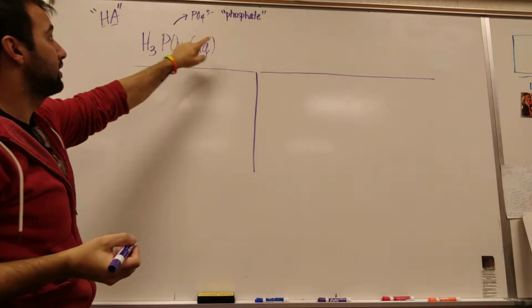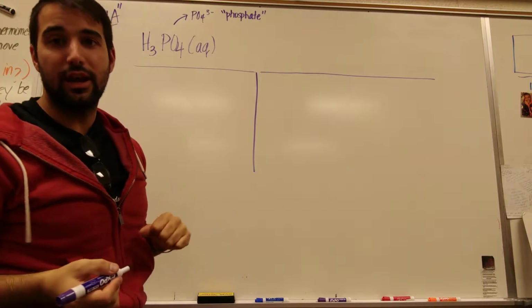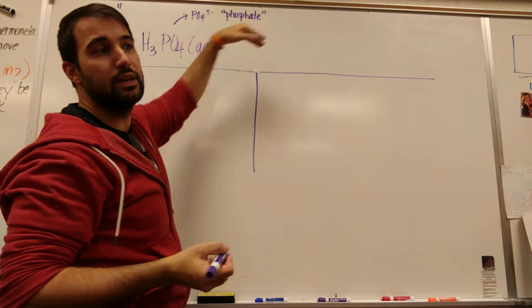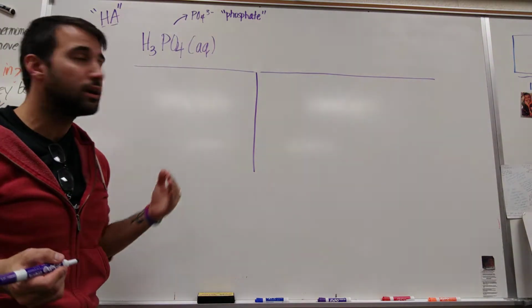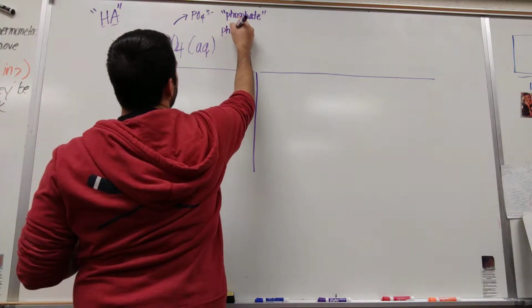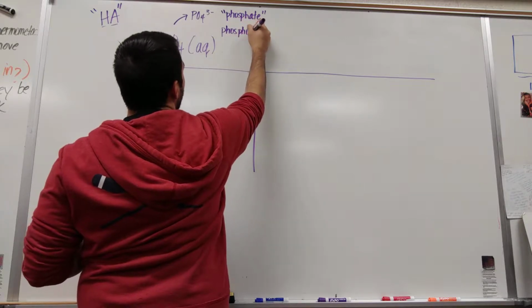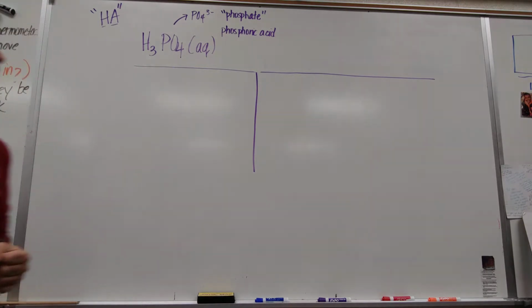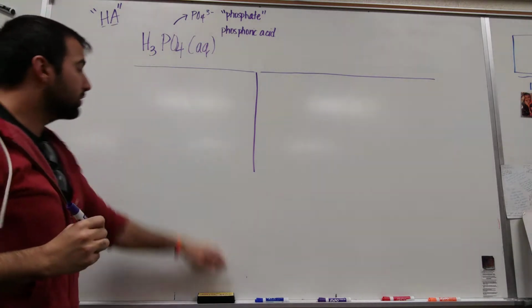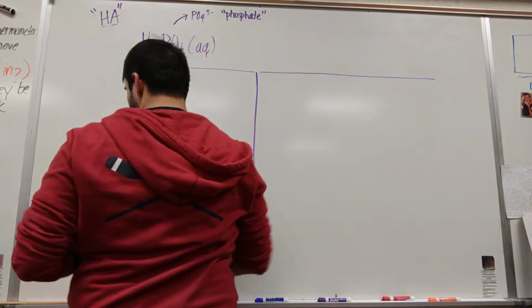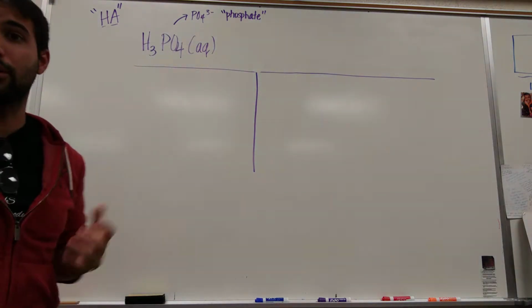This is an acid, so to name phosphate as an acid, I change the ATE ending to ORIC, and it'll be named acid. So this is going to be phosphoric acid. Okay? So this is known as phosphoric acid, and if you watch this video tonight, you will get a head start on talking about phosphoric acid tomorrow and later.